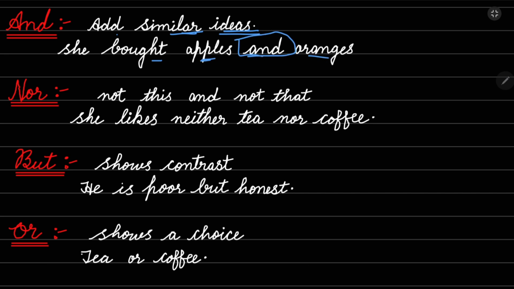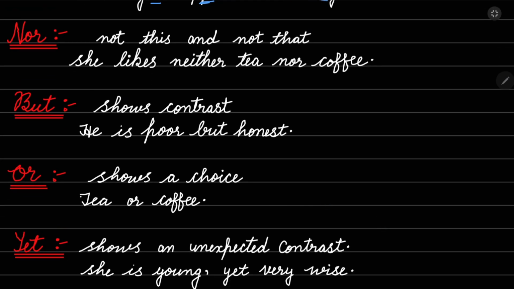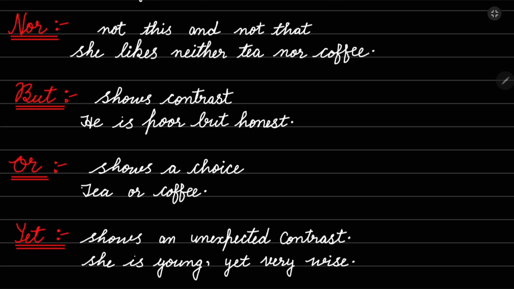So, and is conjunction. Next is nor. Nor means not this, not that. For example, she likes neither tea nor coffee. Means not tea, not coffee.